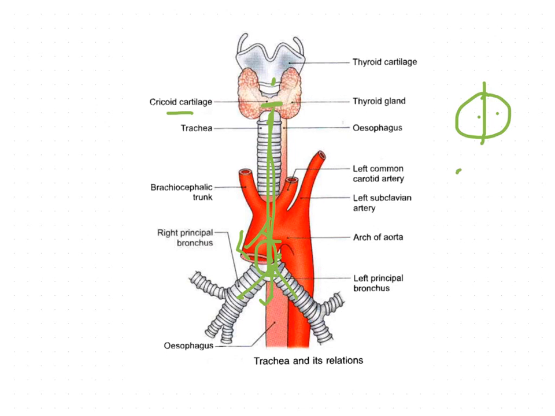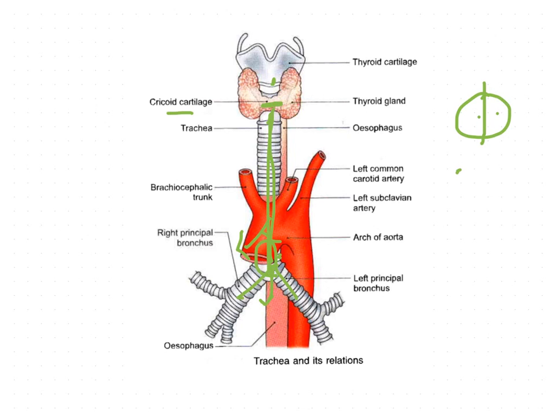So this is all about its extent and length. The shape of the trachea is a tubular structure with a flattened posterior wall. Anteriorly it has some convexity because of the cartilages which are arranged in the trachea, that we will see in the structure.